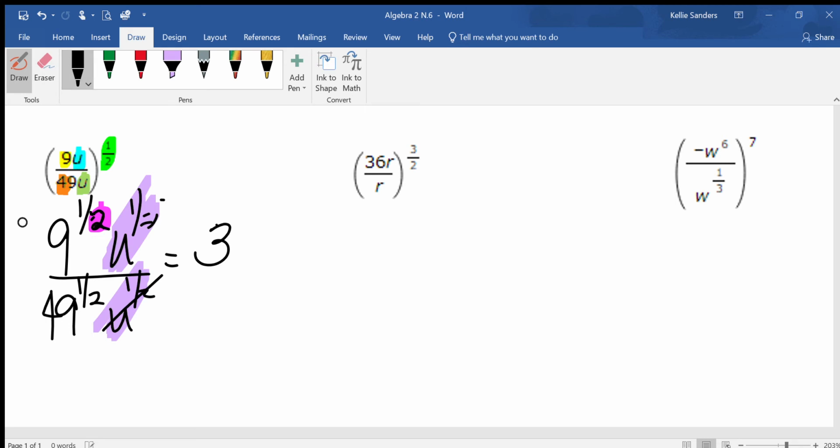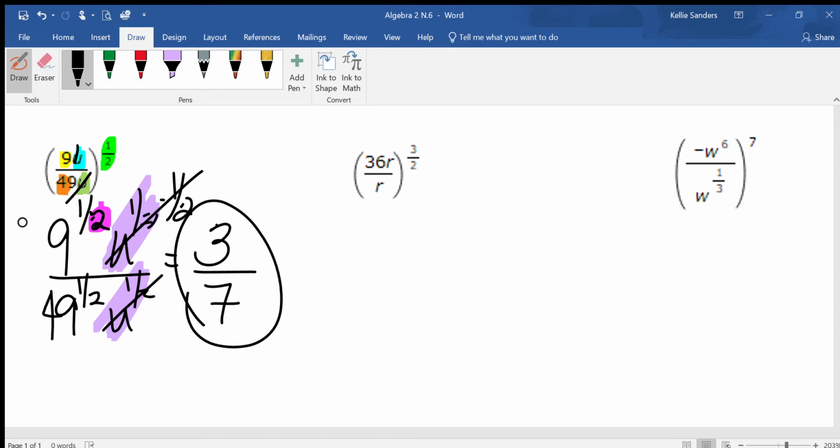If I bring this up and I subtract it, what happens? What's 1 over 2 minus 1 over 2? It's 0, or they cancel out, because u is on top already, and u is on bottom already, so they cancel out. And then we have 49 to the 1/2. What do you have 2 of that multiply together to get 49? Which is 7. And does 3 over 7 reduce? Nope. So that's the answer.